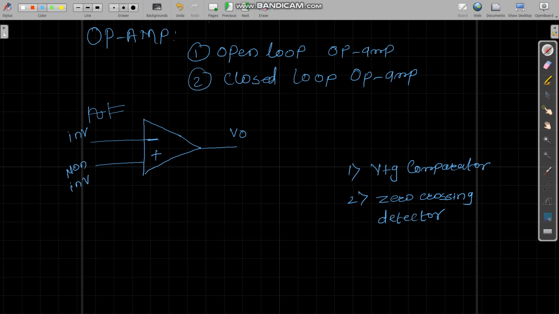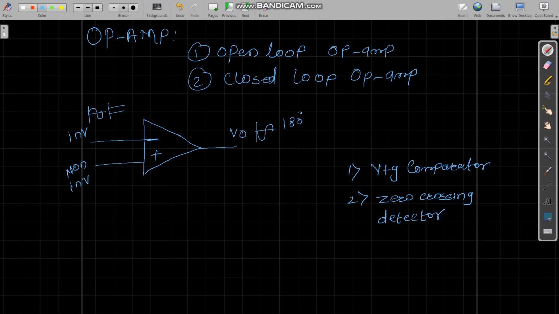That means the output we get when we apply input to this inverting terminal will be 180 degrees out of phase. Therefore, this terminal is called the inverting terminal. That means whenever we give an AC signal or DC voltage to this input, it will give a 180 degree out of phase output, which is nothing but opposite polarity at the output. Therefore, it is called inverting.